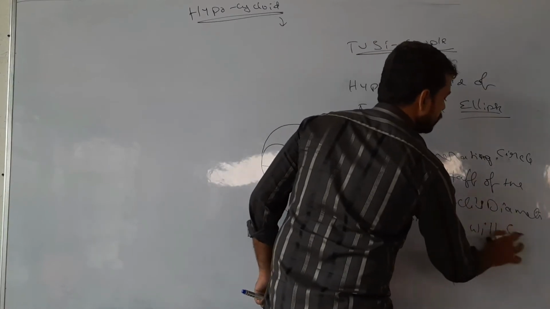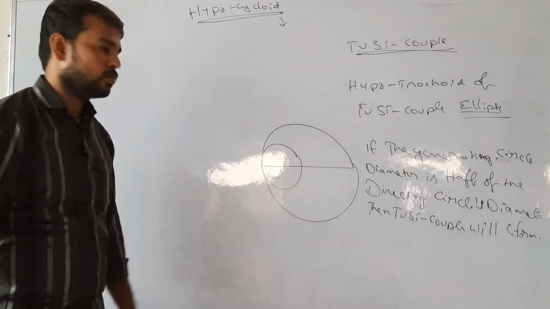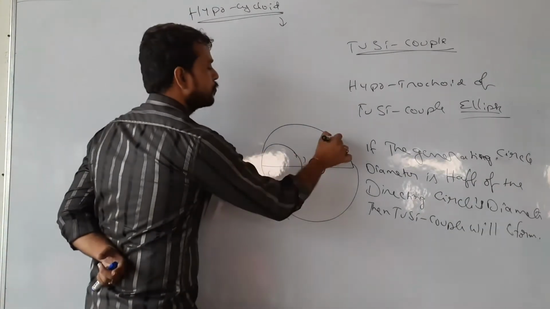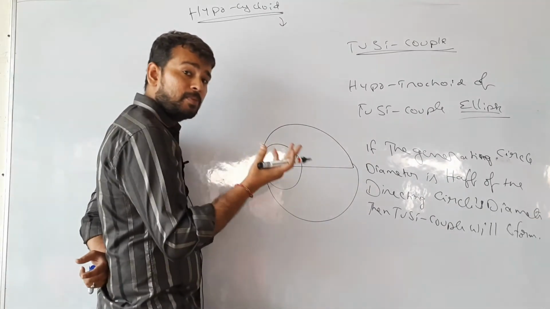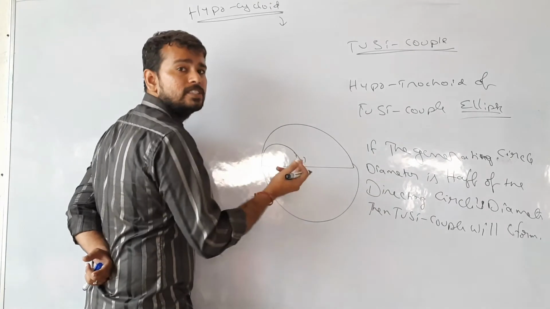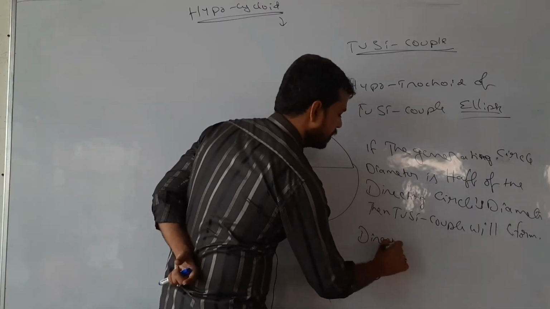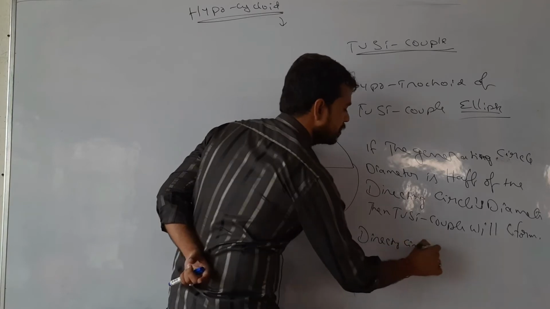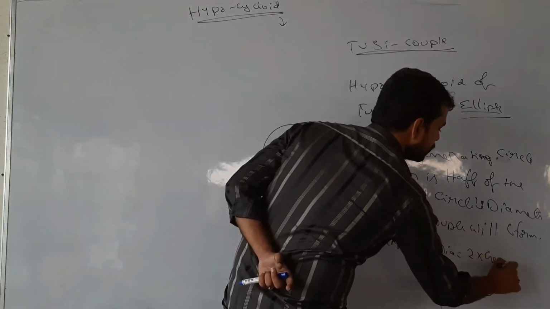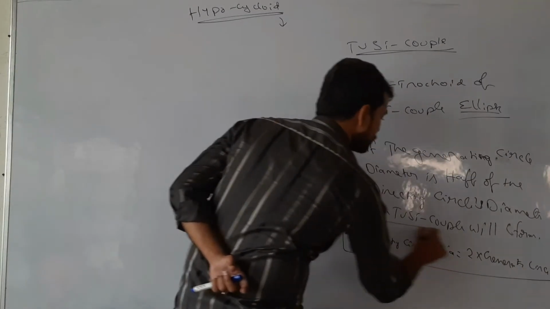Only then will it form. Say this is the generating circle, this is half of the directing circle. That means the directing circle's diameter is twice that of the generating circle. That also you can write: directing circle's diameter is equal to twice that of the generating circle.